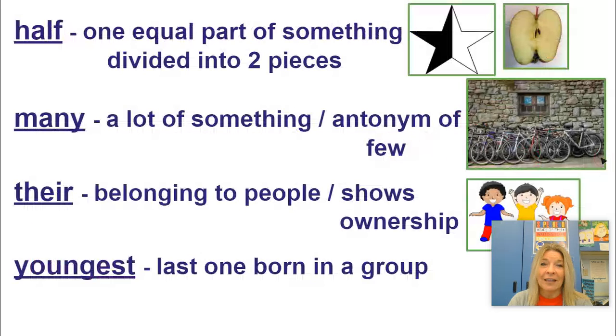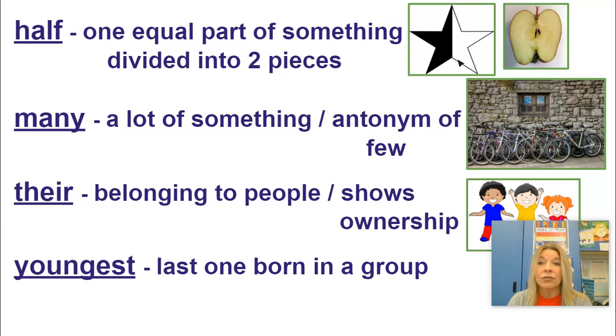Let's look at our next slide. The first word is half. Can you say that? You don't really hear the L in there. Half. You just hear that F on the end. And half is one equal part of something that's divided into two pieces. So for it to be a half, there should only be two pieces.